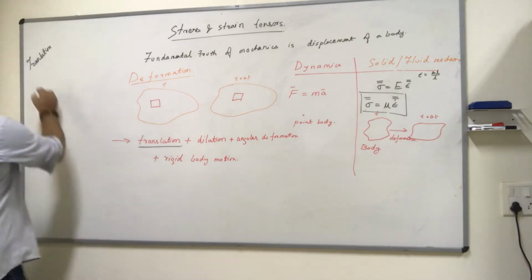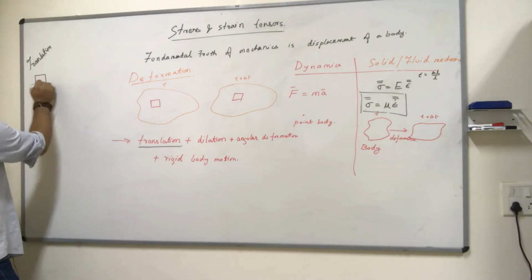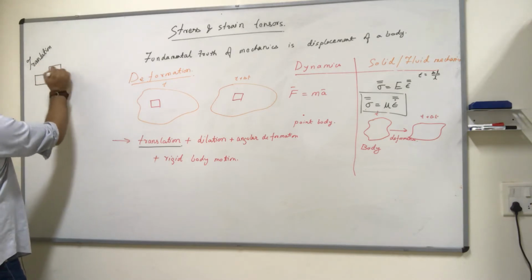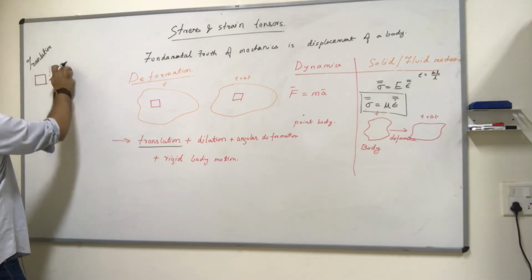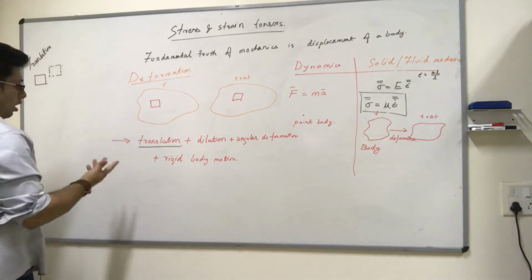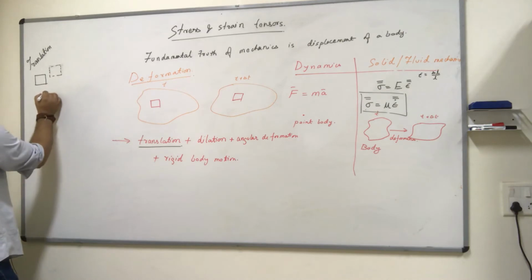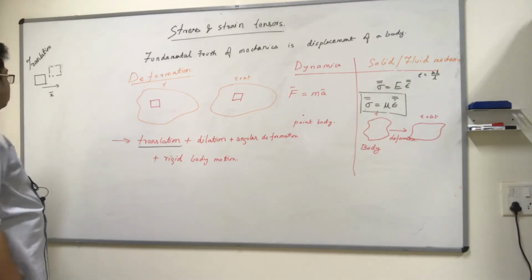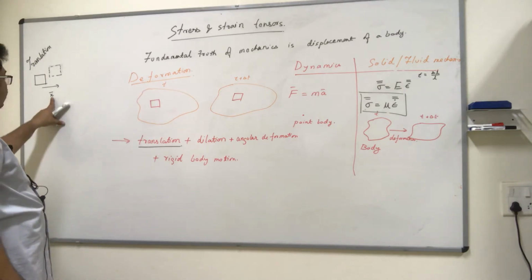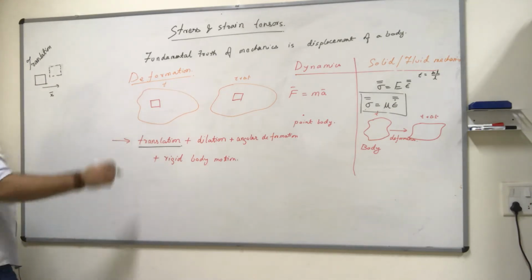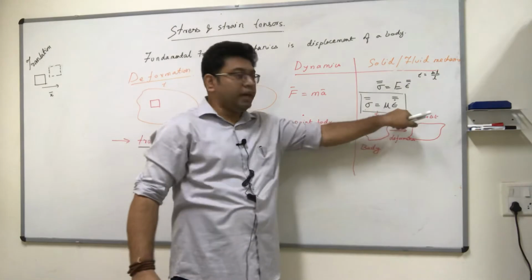Translation is straightforward. You have a box and it has moved to some other location. Maybe I'll just draw this with a dash that way. So this box has moved. There is some displacement of this box that has taken place, but as we said, we are going to be concerned with rates in fluid mechanics.